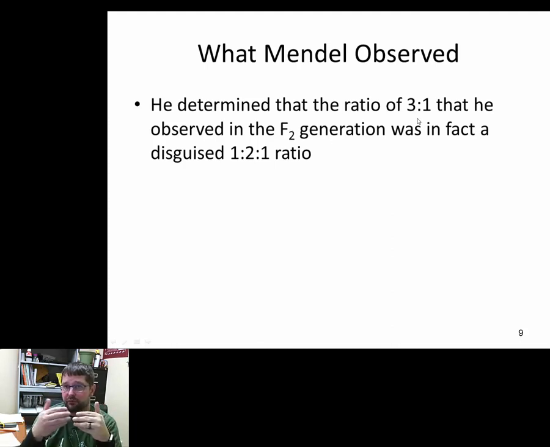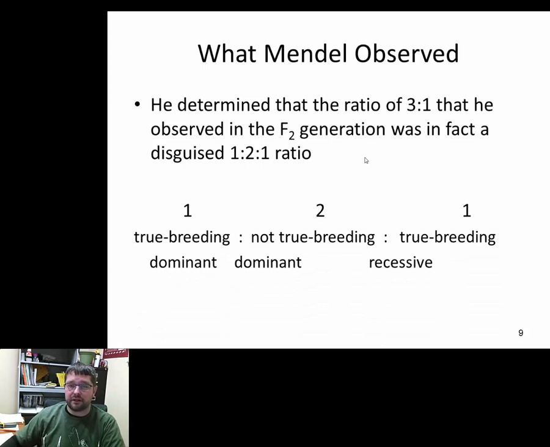That's physically what's being presented. But what's really going on is a genotypic ratio of 1 to 2 to 1. So in actuality, what he's seeing is one true breeding dominant plant, two not true breeding dominant plants, and one true breeding recessive plant. Okay, we'll come back to this in just a second.